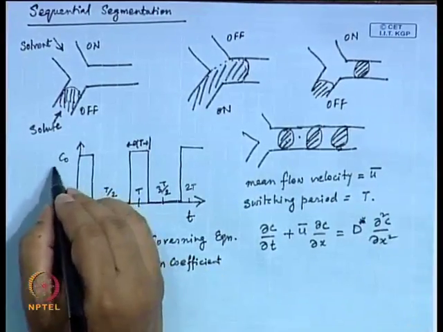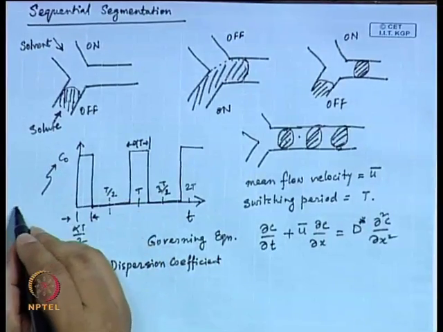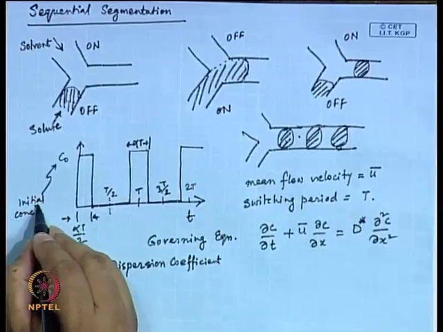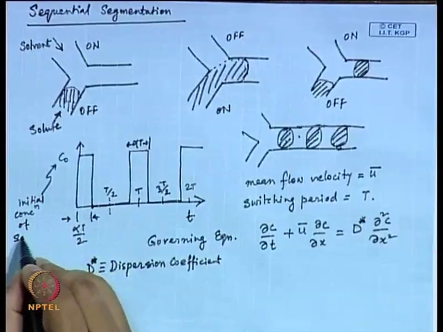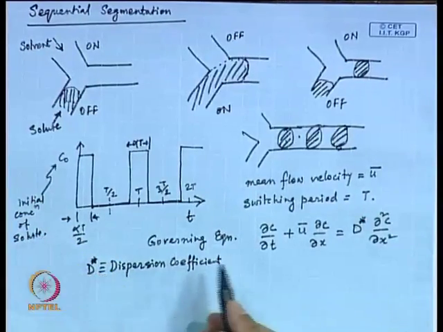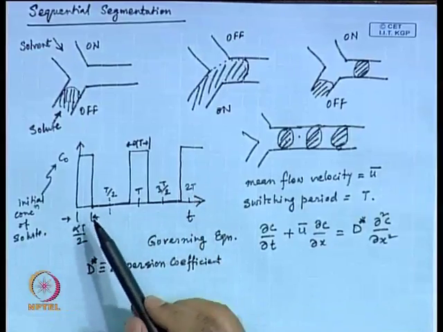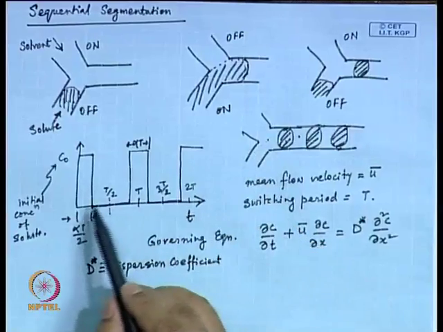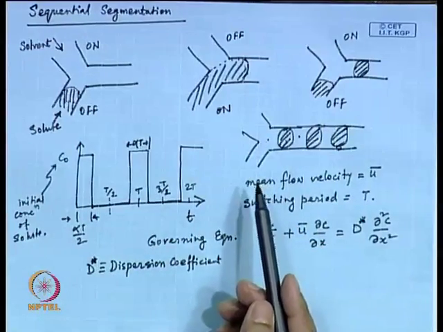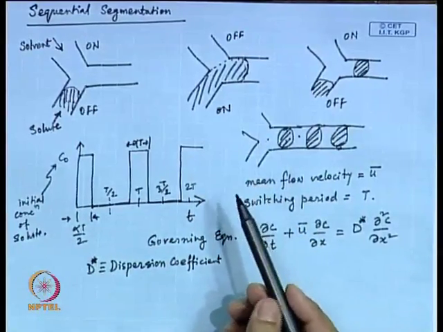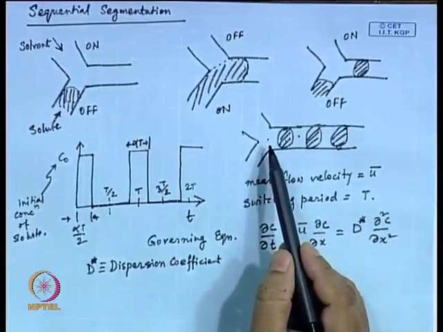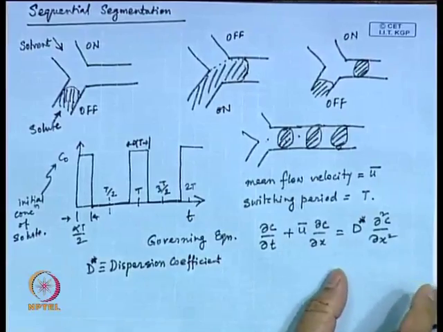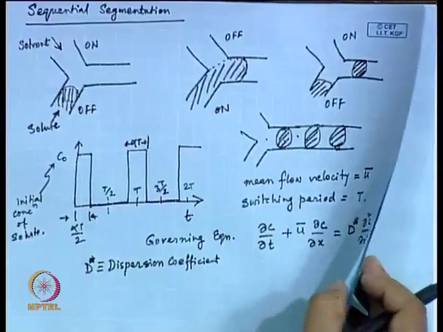So, this is the governing equation, okay. And this C0 is basically the initial concentration of solute. So, this is basically how the concentration changes at the inlet. If somebody asks you what kind of boundary condition you have, this is what you have as the boundary condition.